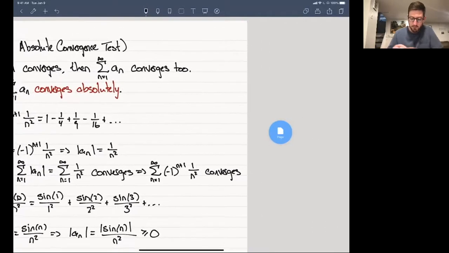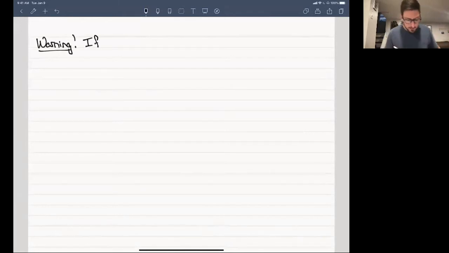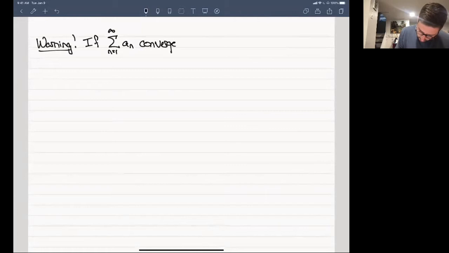Now, before we move on, I want to offer a warning. If the original sum converges, we don't know if the sum of absolute values converges.